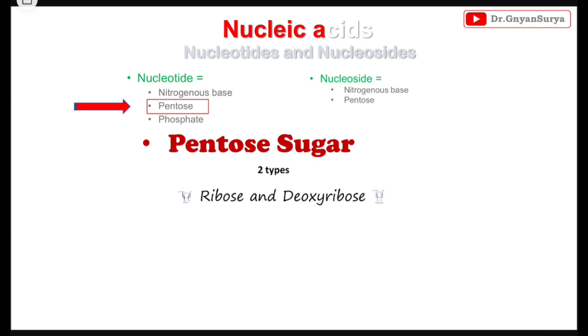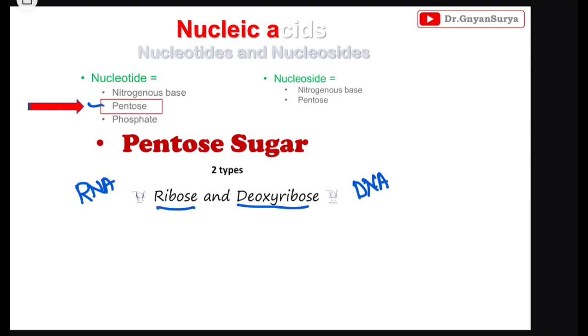Now we are going to the second part, that is pentose sugar. Pentose sugar is of two types, one is ribose and the second one is deoxyribose. We know that ribose sugar is present only in RNA, whereas deoxyribose sugar is present in DNA, right? We will study its structures.